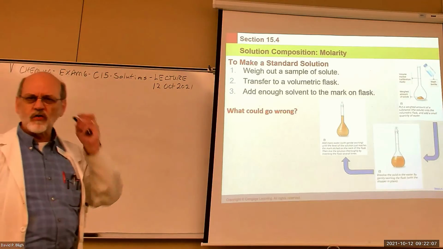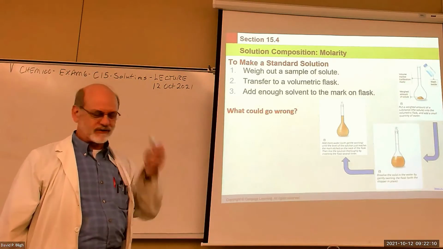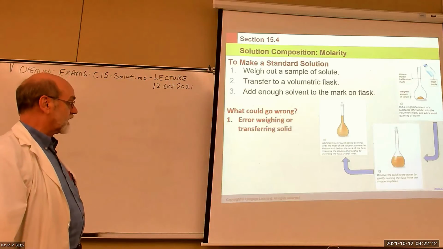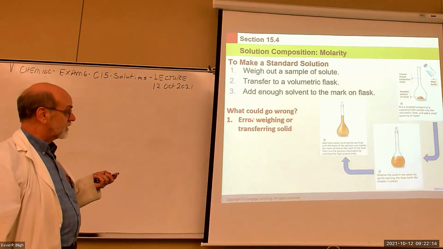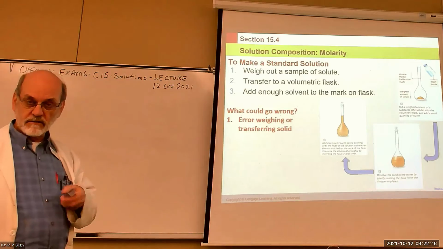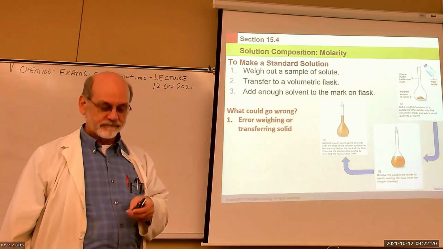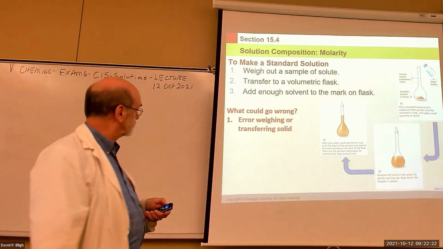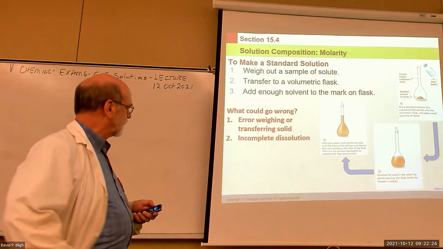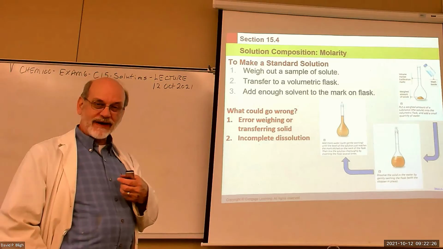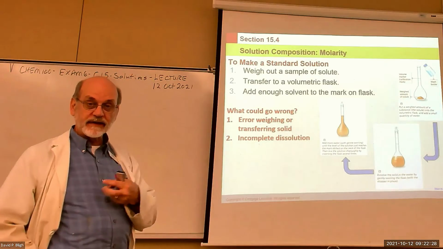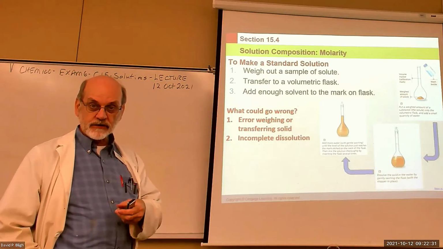So what could possibly go wrong with this procedure? Well, there's several things. You could make an error in weighing, or you could not transfer all of the solid into your flask. That would be an error. If you don't wait for the solute to be completely dissolved, that could introduce an error also.